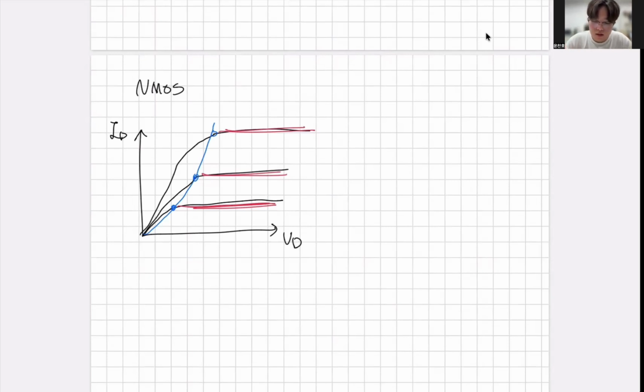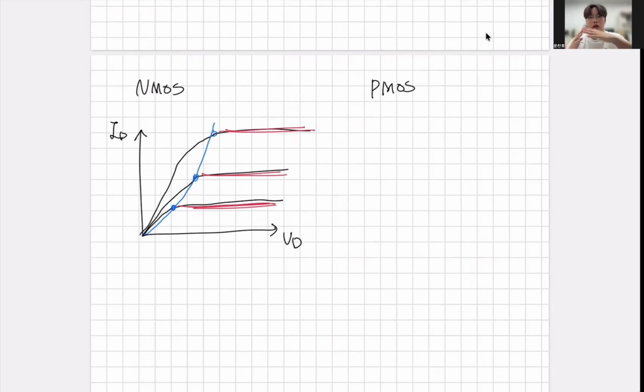And next is the ID-VD graph in PMOS. Basically, PMOS works when we apply a negative gate bias.